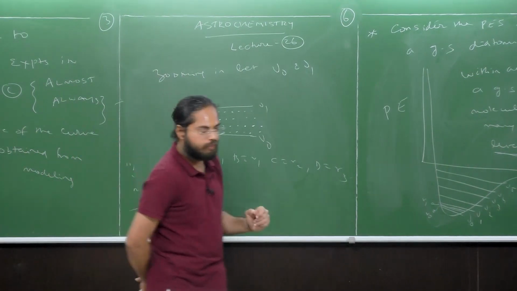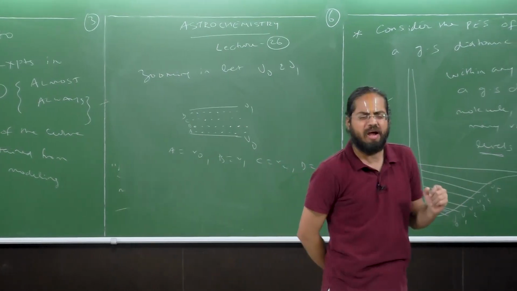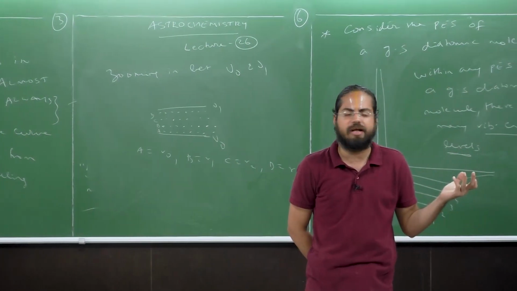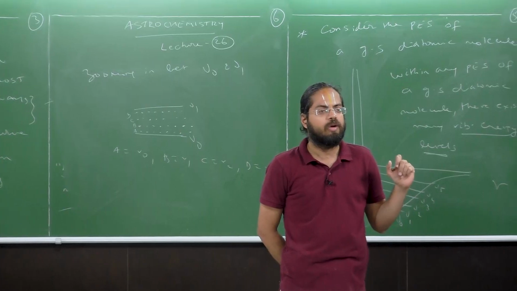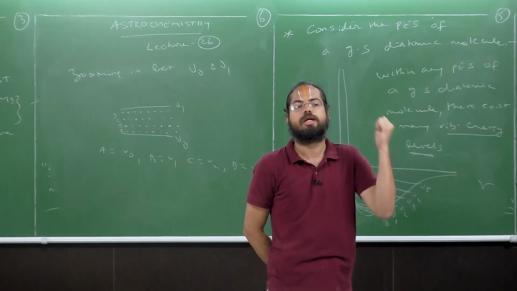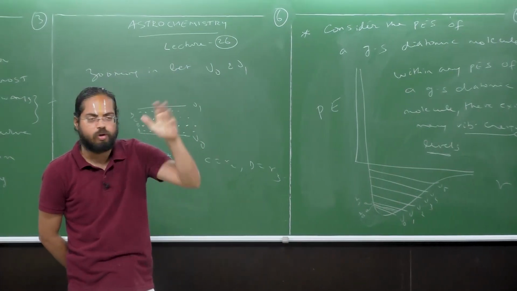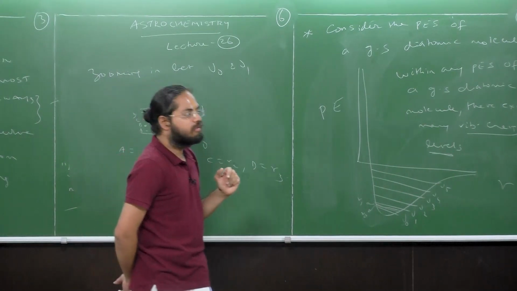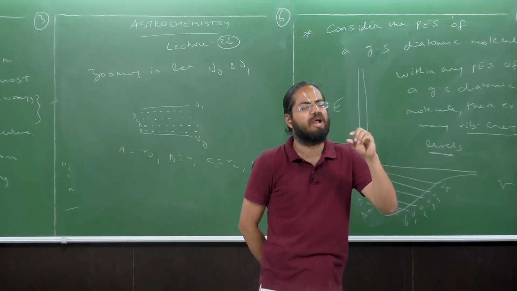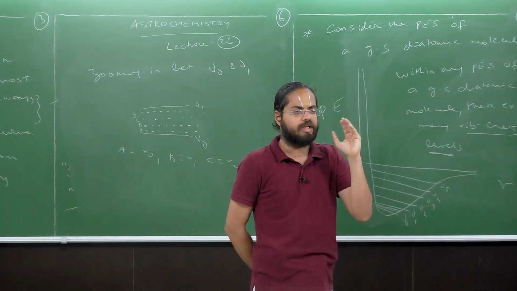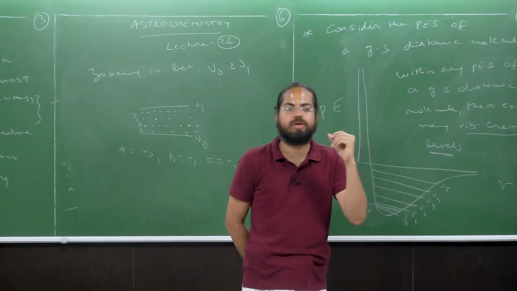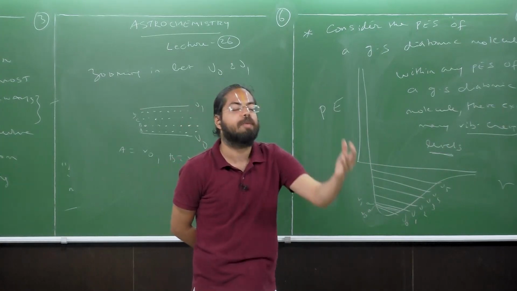rotational levels. Now, you may be asking, why am I never talking about translational energy levels at all? Why am I not even concerned about them? Well, that is because I think I've already answered this question in the last tutorial or lecture. It is that the translational energy levels are too closely spaced, exceptionally too closely spaced for us to get any spectral information from them.